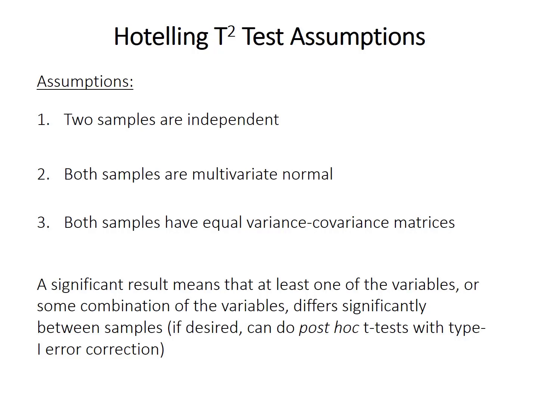Normally you're running this multivariate test for a reason, because the variables are related and you do want to know how they differ together. But if desired, you can do t-tests on the individual variables after the fact. Make sure to correct for the type 1 error risk that you would get by doing multiple tests. You don't see this that often. Generally you're running the Hotelling t-squared for a reason, because the variables are related and you want to know generally how they compare together.